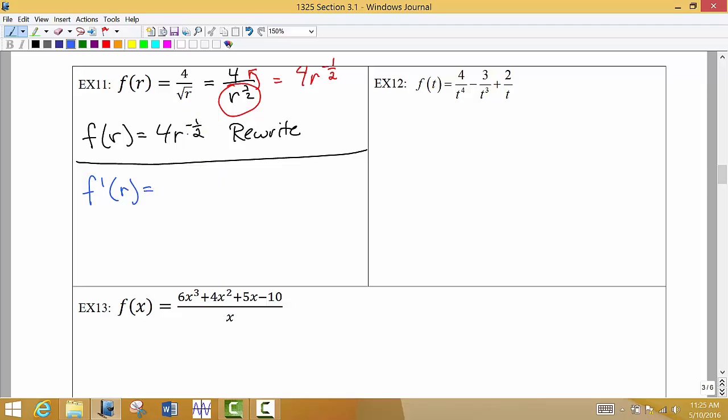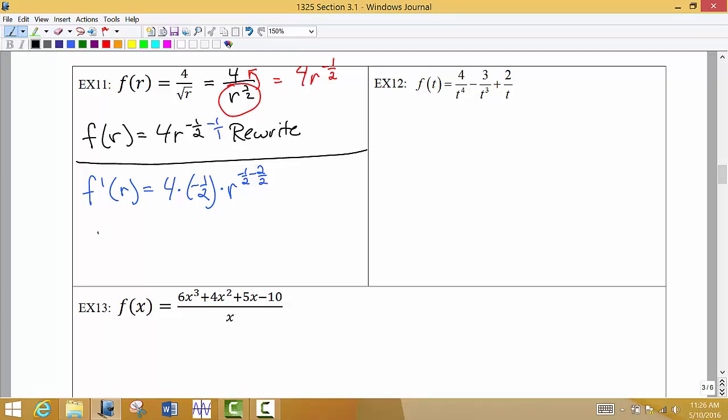Now I'm going to say negative 1/2 times 4. So that's 4 times negative 1/2. And then we're going to say times r, and then I'm going to reduce the existing power by 1. So I'm going to subtract 1, which really means I'm subtracting 2 over 2. Remember that when I subtract 1, I have to have a common denominator, and that would be 2, so that's 2 over 2.